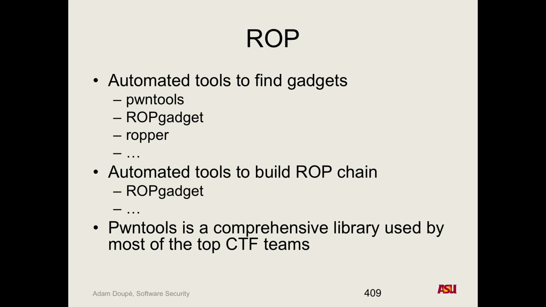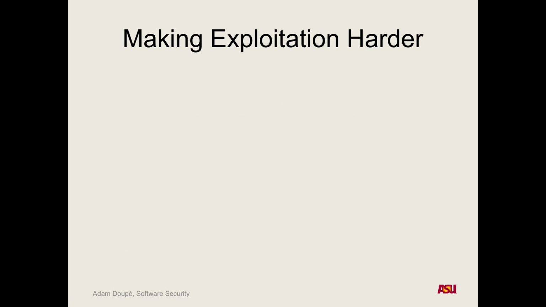ROPgadget definitely has it, and I think Pwntools may have it too: they will automatically build the ROP chain for you. They will analyze all the gadgets, try to find a right what-where gadget, and then try to find the right pops and create the whole thing for you automatically. So it's super cool.